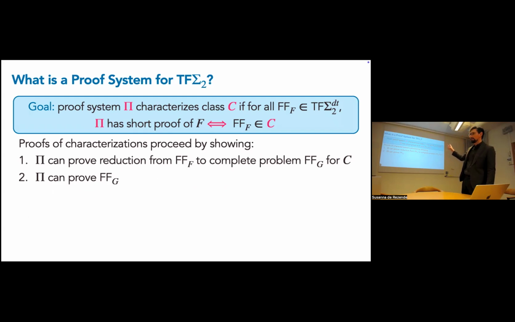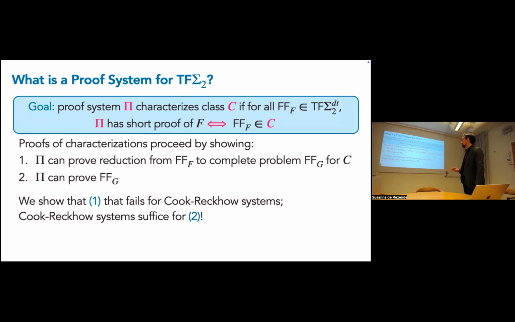So if you're trying to prove an unsatisfiable formula F with a proof system which is characterized by class C with complete problem false formula of G, then we know that the false formula for F reduces to the false formula for G, and you want to prove this reduction in the proof system. You want to reduce F to G, and then you want to prove G. This is roughly the two steps.